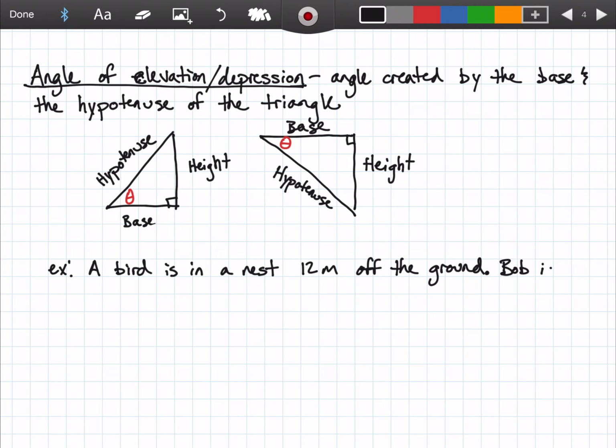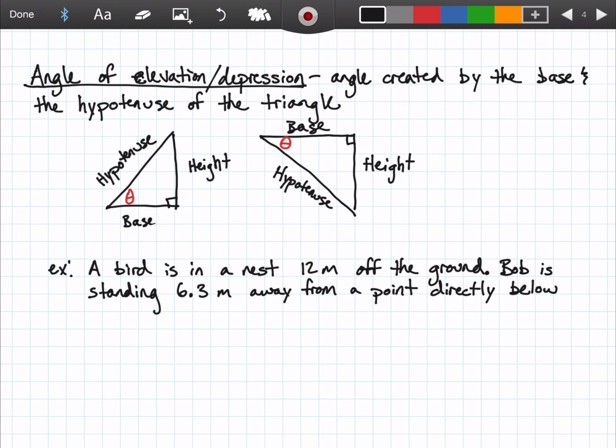Bob is standing 6.3 meters away from a point directly below the nest.